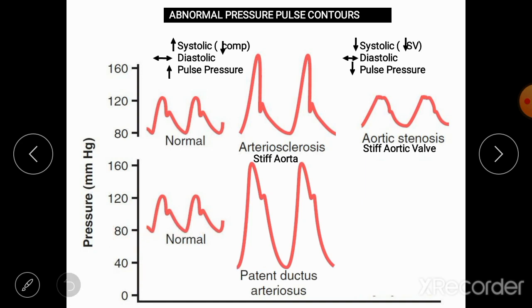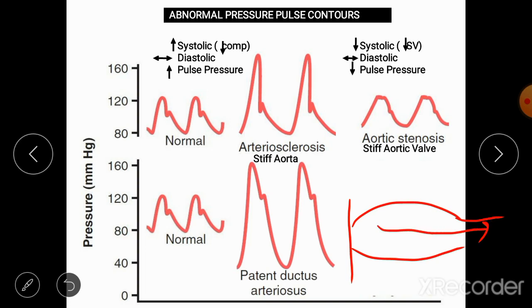If you remember, I told you that the diastolic blood pressure depends only upon the peripheral resistance of the vessels. During diastole, when the aortic valve is closed and the elastic recoil of the aorta is taking place, the blood is pumped towards the peripheral arteries, and the only factor which is going to determine the pressure in the aorta is the resistance of these arteries.